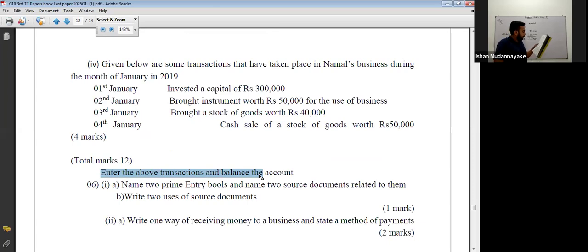Okay, write down here: enter the above transactions in ledger accounts and balance the accounts.